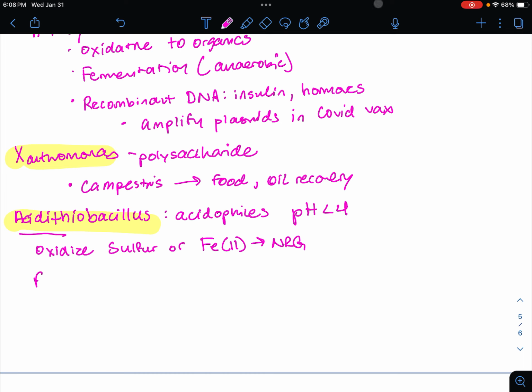And ferrooxidans, which is a species from Acidithiobacillus. Thio again means sulfur, so there's another hint there. This is going to grow on Fe2+ as the substrate.